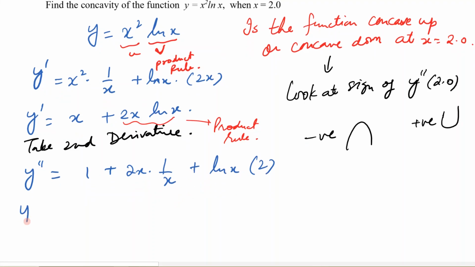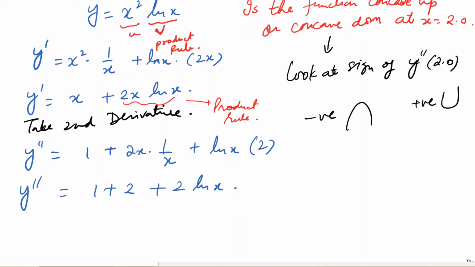So we get the second derivative equals 1 plus 2, since x and x cancel, plus 2 ln x. But we want to figure out the sign of the derivative at 2.0. So the value of the second derivative at x equals 2 is equal to 1 plus 2 plus 2 ln 2.